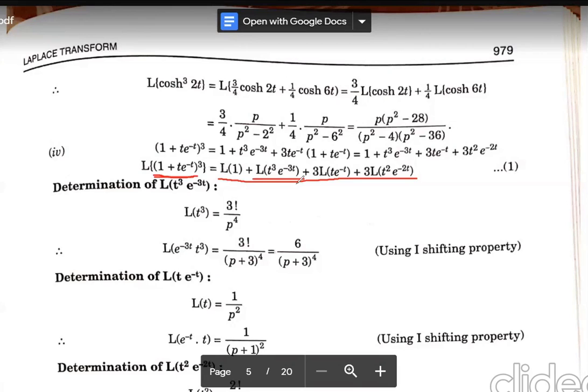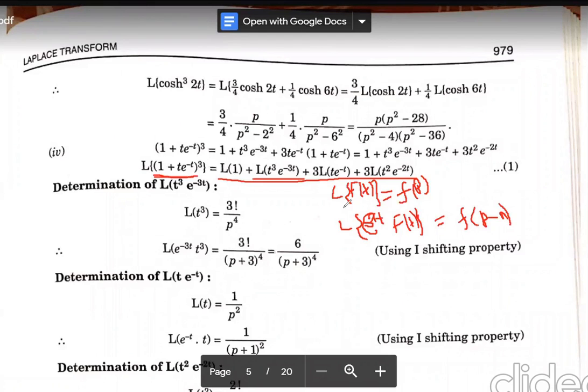If you remember the first shifting property, what was it? If the Laplace transform of f of t is F of p, then the Laplace transform of e to the power at into f of t is equal to F of p minus a, if you remember.